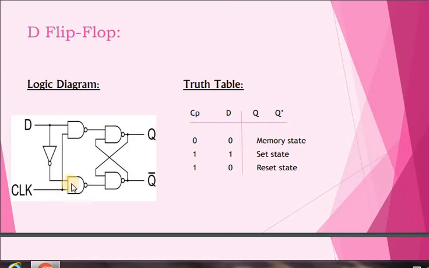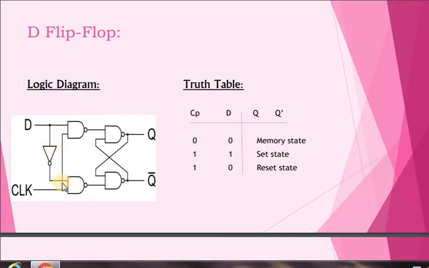So see how it works. First, when the clock pulse is 0, it is in the memory state, that is, no change. When the clock input is 1, that is, the clock is high, and D as input is 1, then here it will be 1, here it will be 0.